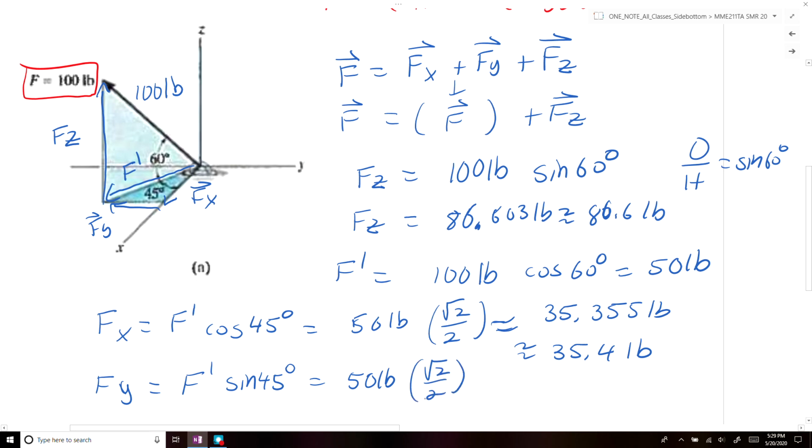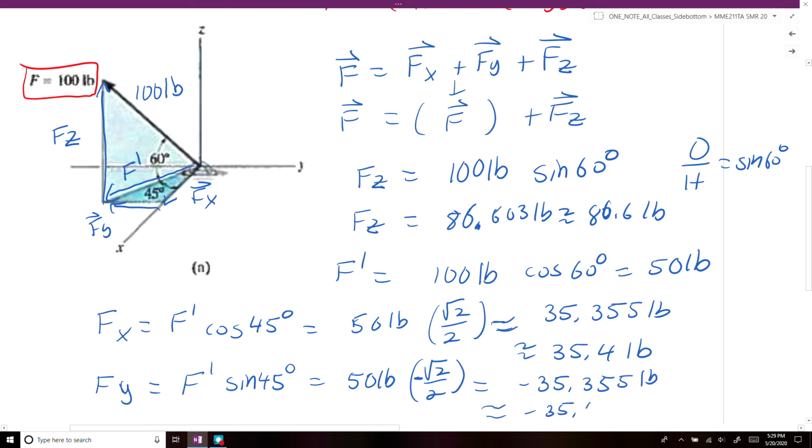The one thing we have to add in this case is that Fy, as it's drawn on our diagram, is going along the negative y-axis, so it's important that we add a negative sign. We end up getting minus 35.355 pounds, or minus 35.4 pounds.